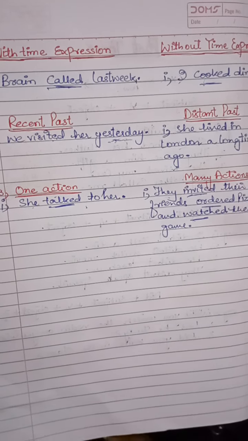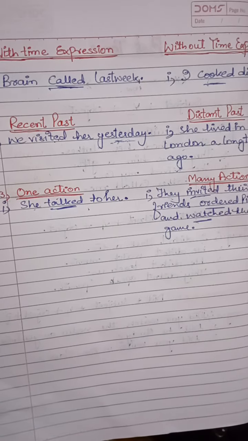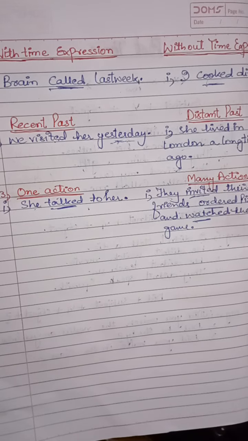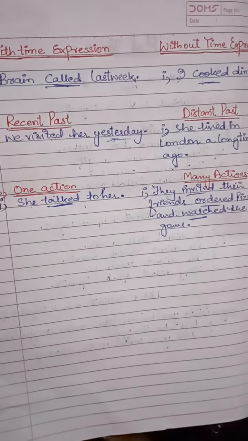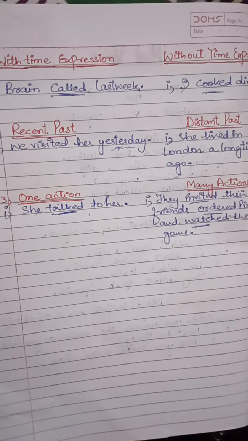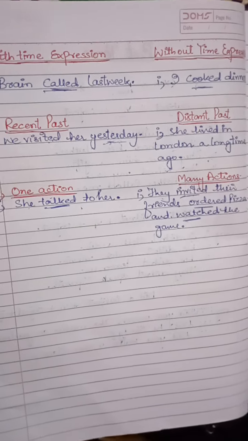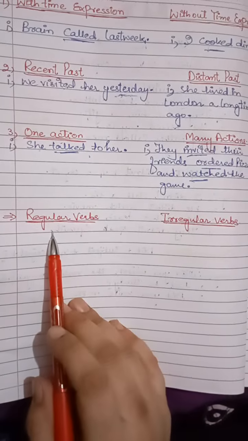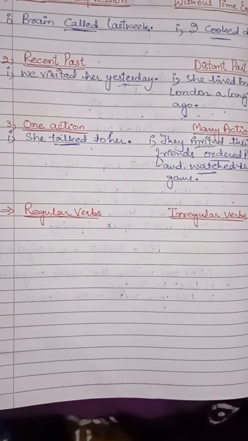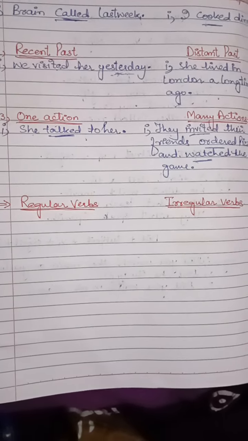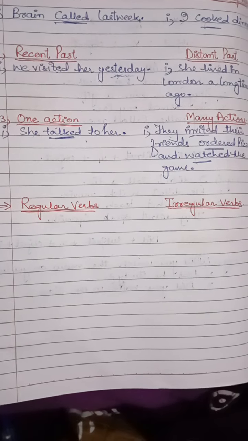Now the first thing you have to remember when you are working with this tense is that in English there are 2 kinds of verbs: regular verb and irregular verb. How do we know what is regular verb and what is irregular verb?